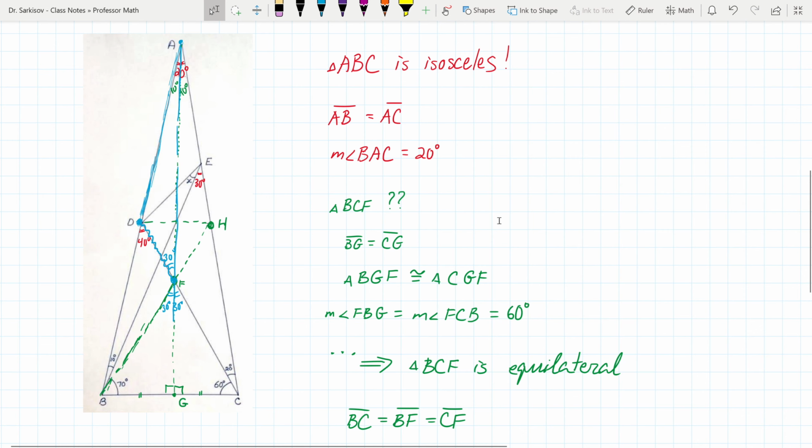Is there another 10, 30, 140 that I can find? Let's see. Is there another 30 degrees I can catch somewhere? There's 30 here. There's 20 there. Let me think. So, not seeing it. Is there a 10-20 triangle maybe I can try? Let's see. Oh, also look. This is an awesome triangle.